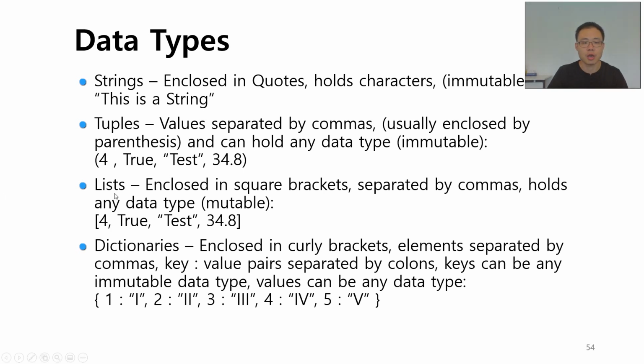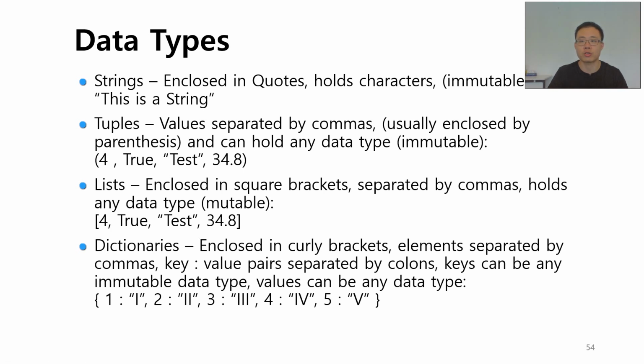And lists. How do we distinguish lists from tuples? Lists are enclosed in square brackets, separated also by commas, and hold any data type. Numerical, Boolean, string, floating, integer, and also in the list you can have a tuple.